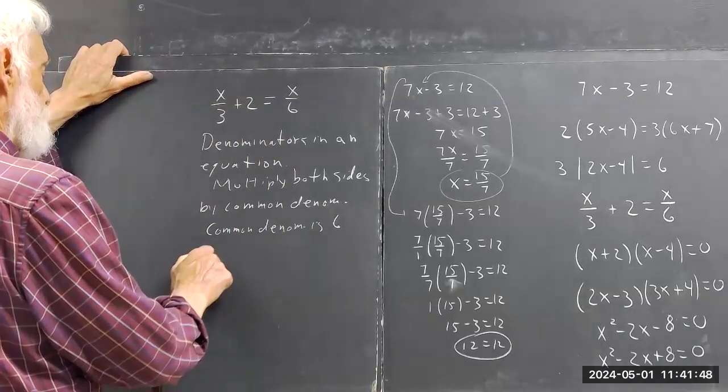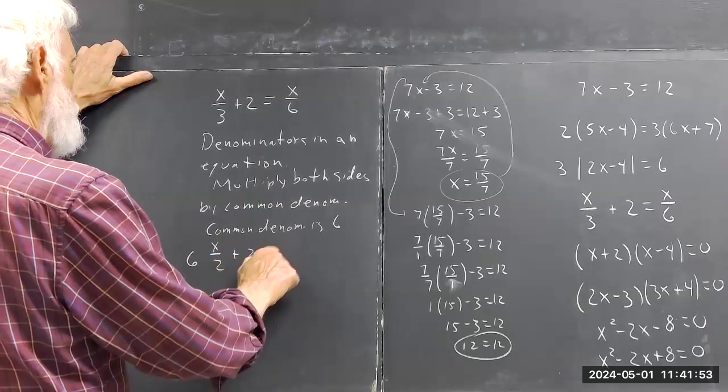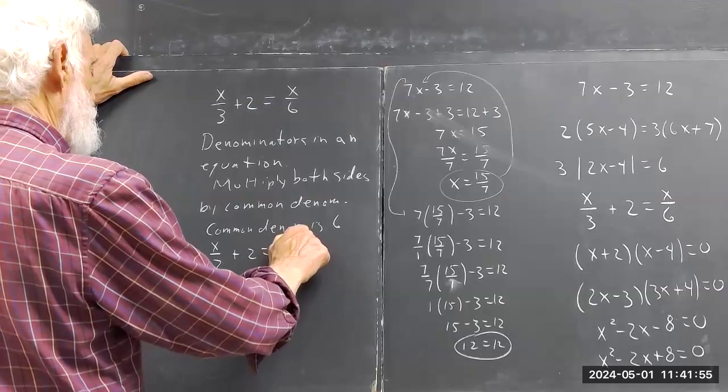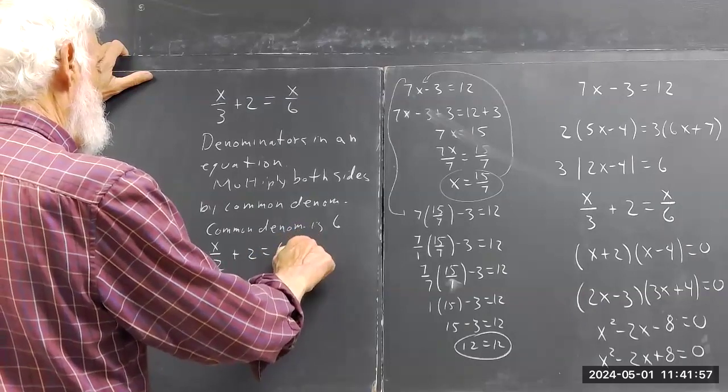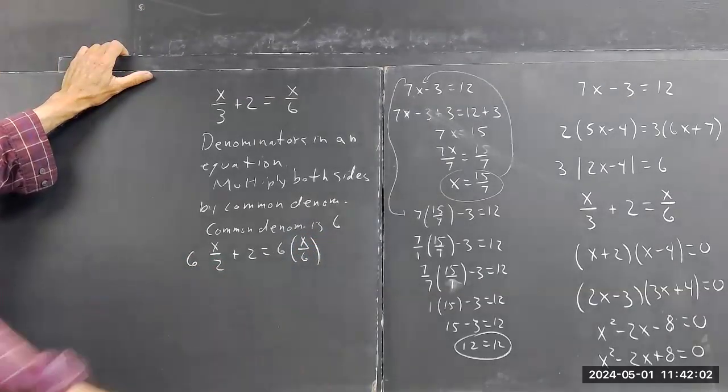So we do 6. Now, people write it out like this, and a lot of people will write it out like this. In fact, most people write it out like this, but this isn't right.